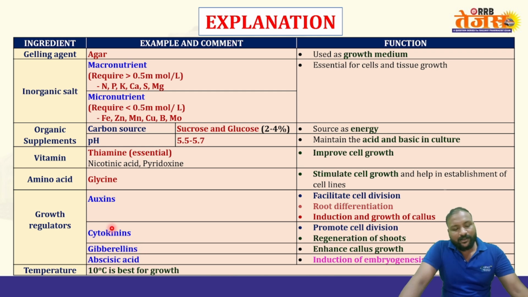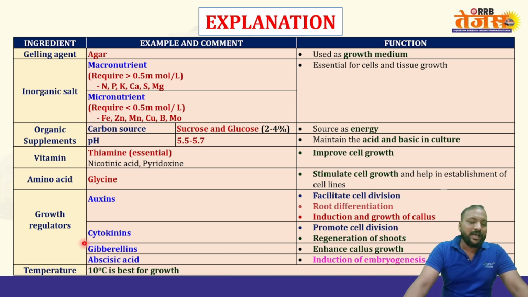Auxins facilitate cell division, root differentiation, induction and growth of callus, and cytokinins promote cell division and regeneration of shoots, gibberellins enhance the callus growth, and abscisic acid induces embryogenesis.